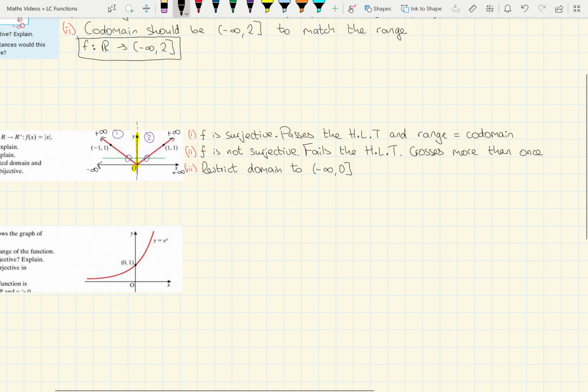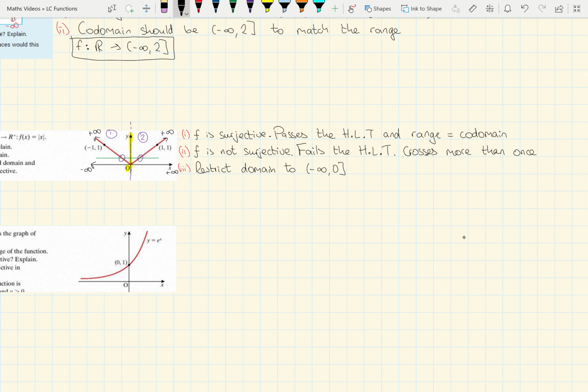And then our range will be 0 and plus infinity, or we can call that the set of positive reals.